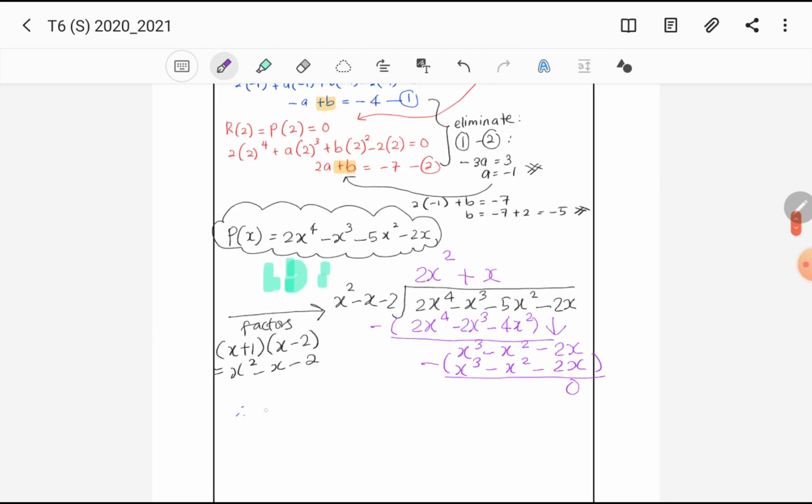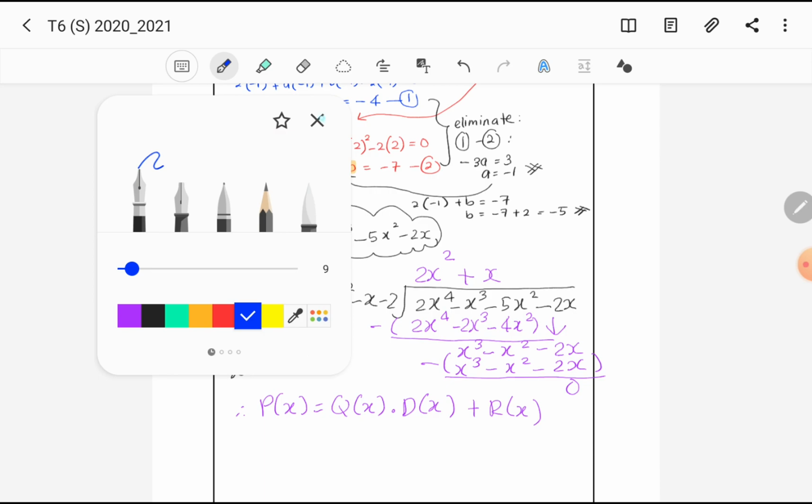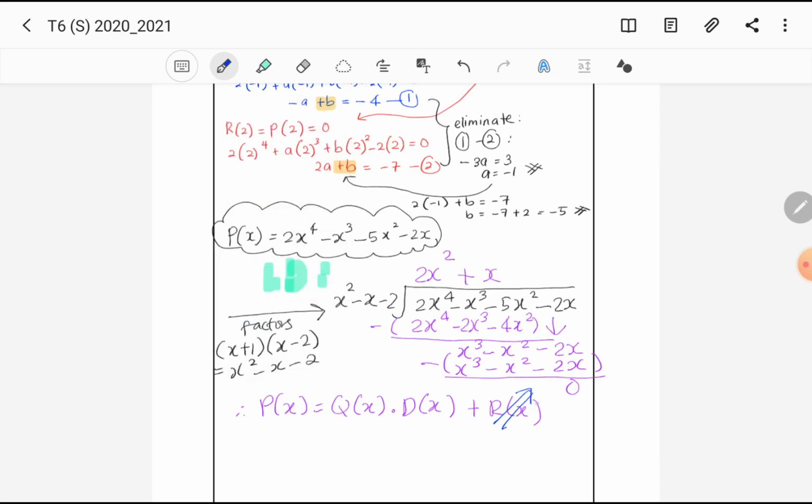Meaning that our px can be written as, okay, px kena ingat balik the general form. Px is qx times dx plus rx. But for this case, our rx remainder is 0. Okay, therefore our px is equals to qx, the quotient on the top, 2x squared plus x times divisor is x squared minus x minus 2.